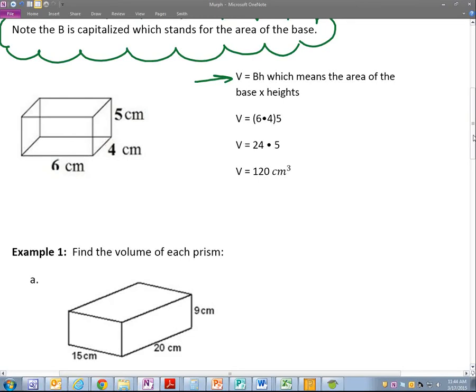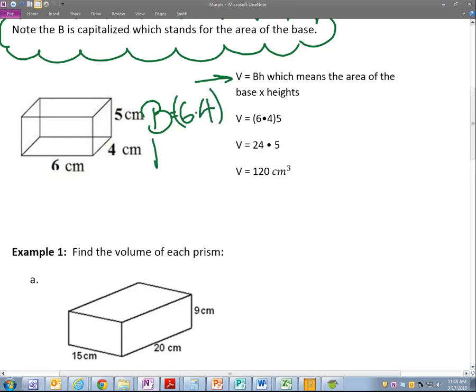So we have volume is the base. We have to find what the area of the base is, and a base is identified by the shape. So we could do this guy multiplied by this guy, but since it's a rectangular prism, capital B is going to be 6 times 4, and I do want you to write this.